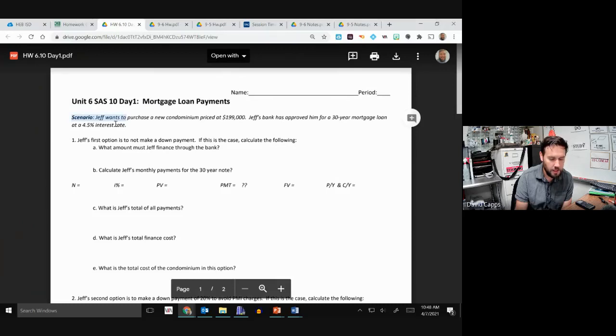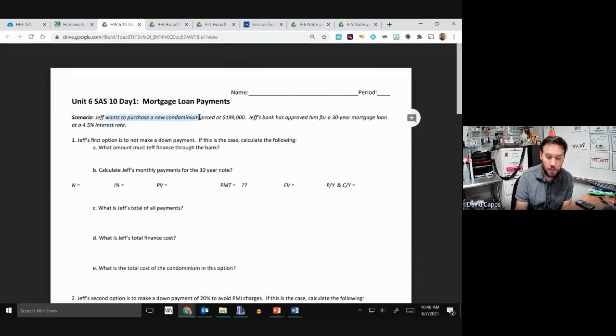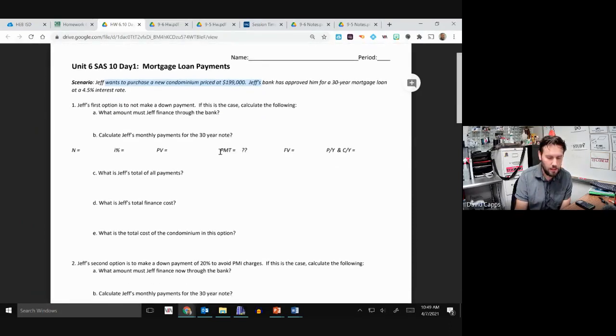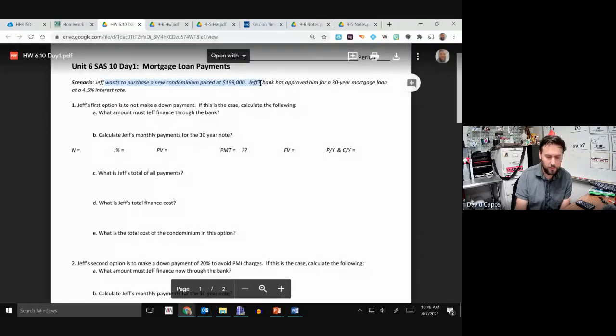So Unit 6, Day 1, mortgage loan payments. You have this scenario. Jeff wants to purchase a new condominium, which is a house, for $199,000. A condominium is usually more of a hotel kind of thing. A lot of times they're in skyscrapers or big buildings, and they have hotel features, like a community pool or workout facilities, like an apartment.